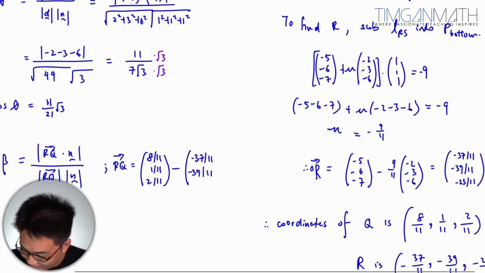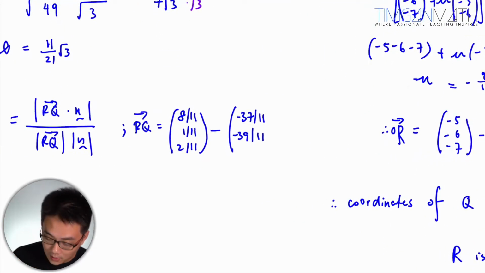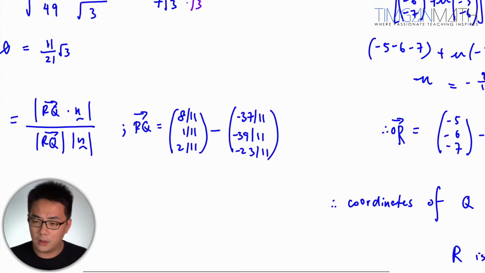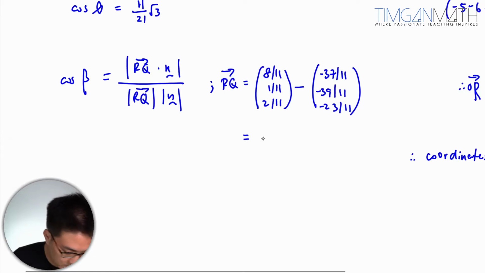I just can't use my normal calculator to work it out. Okay, let me hold on. So we have 8 plus 37, which is actually 45 over 11. That will be 40 over 11. Just add it up, and this will be 25 over 11.